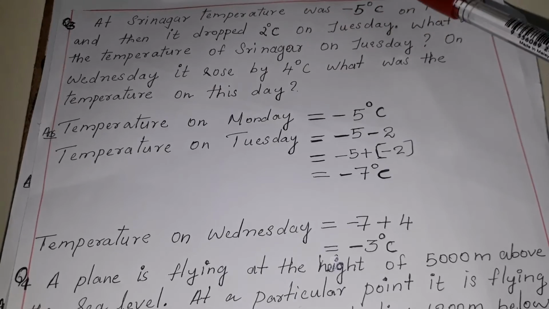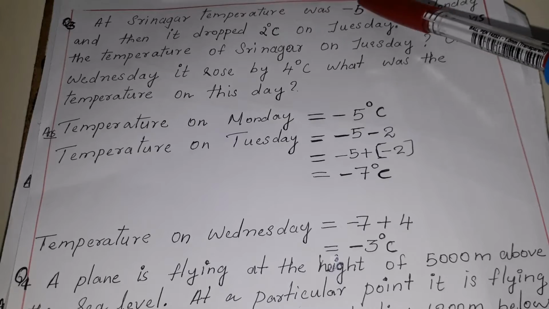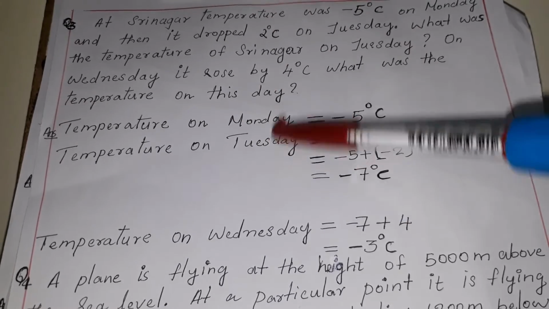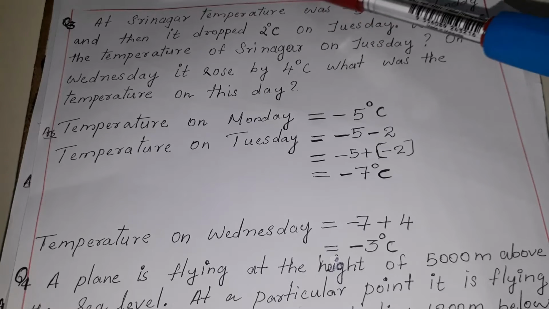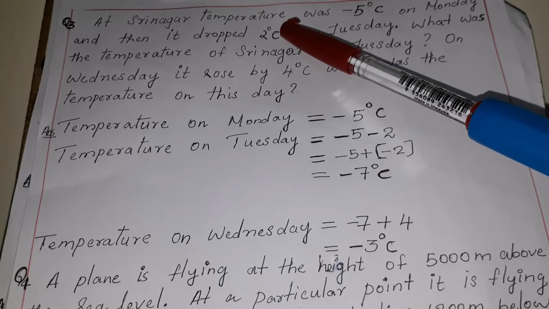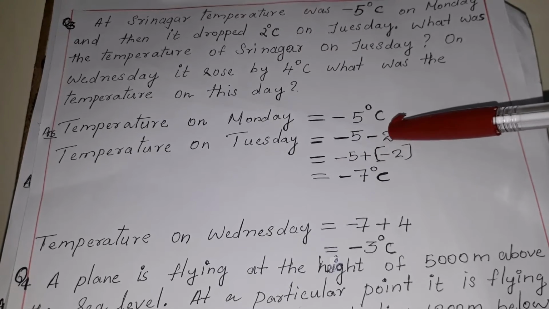First, what is the temperature on Monday? It is given as minus 5 degrees Celsius. What is the temperature on Tuesday? It is given that it decreases by 2 degrees Celsius. So, how will you find this? Minus 5 minus 2.